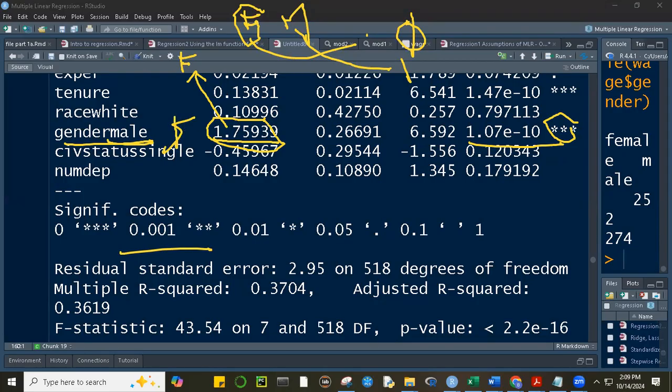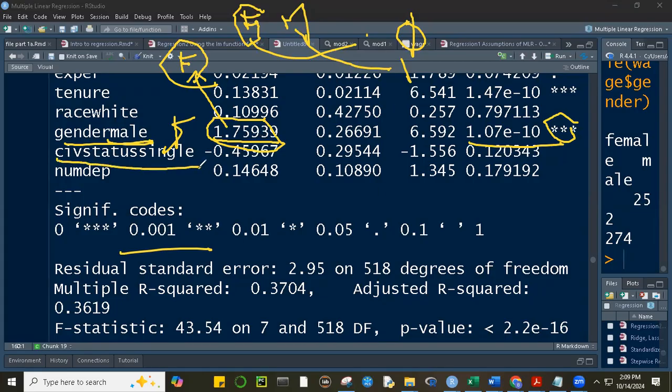Dollars to, kasi ang dependent variable natin dollars. $1.76 more than their female counterparts, ceteris paribus, all things being equal. Okay, ulitin ko. On the average, male employees receive $1.76 more than their female counterparts, ceteris paribus. Okay, ceteris paribus siya.